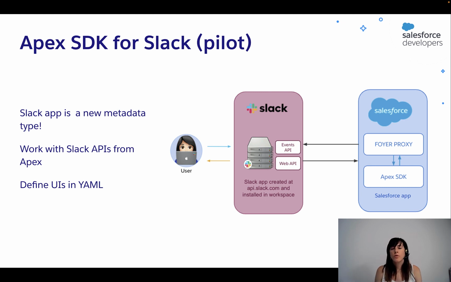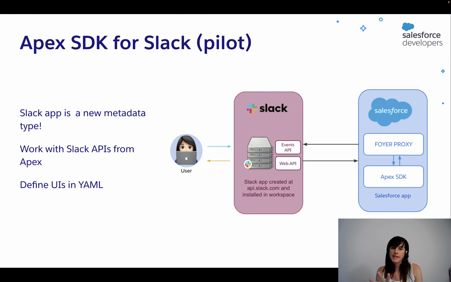And even though we're providing you with the starter kit, it needs a lot of steps and understanding of what's going on behind the scenes. Okay. So we wanted to simplify that in Salesforce, and for that we have created something called the Apex SDK for Slack. This is currently in pilot, but it's coming very soon.